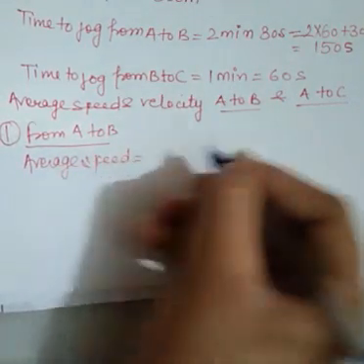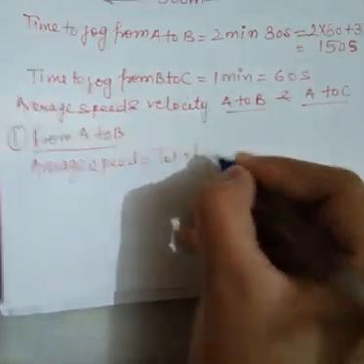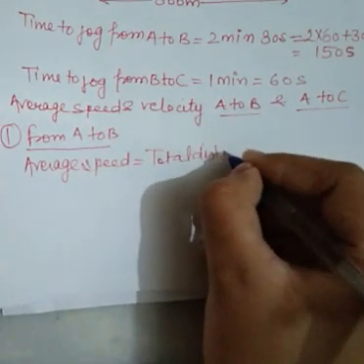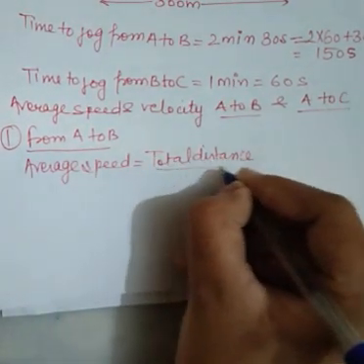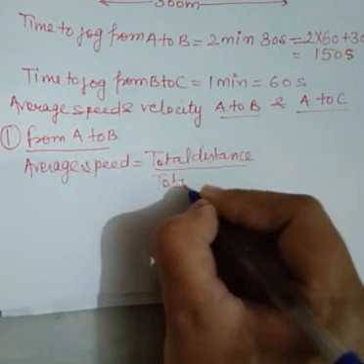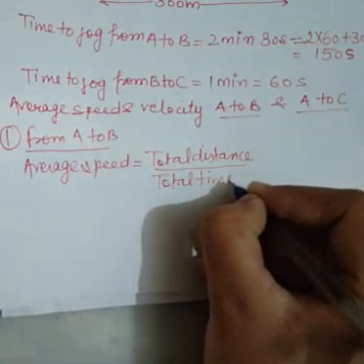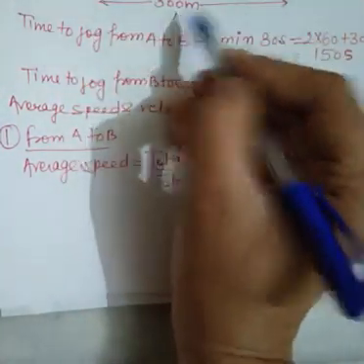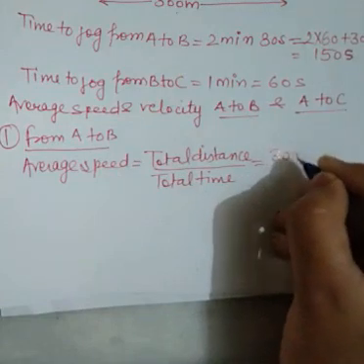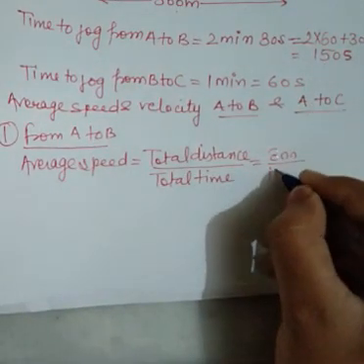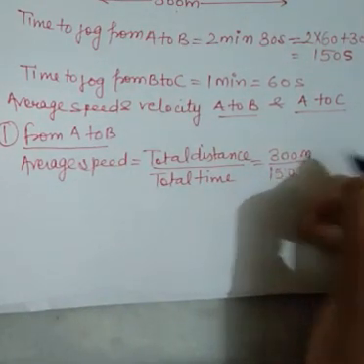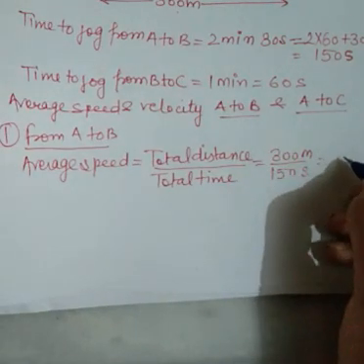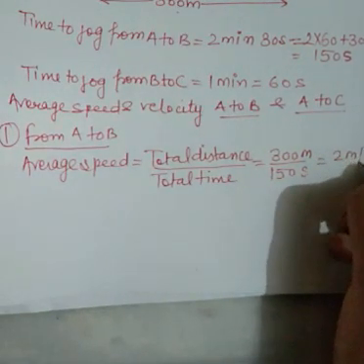What is the total distance? Total distance from A to B is 300, and time from A to B is 150 seconds. 300 meters in 150 seconds, it will be 2 meters per second.